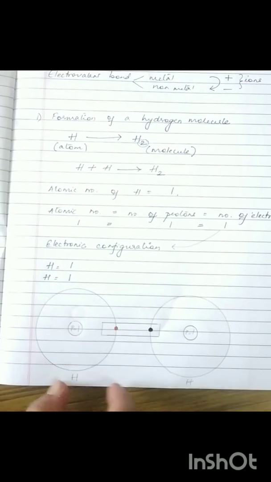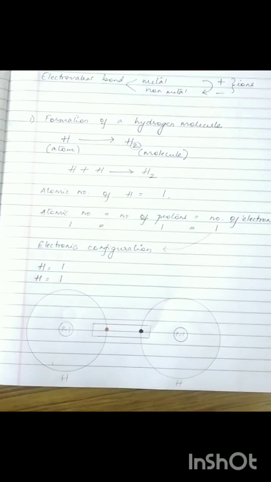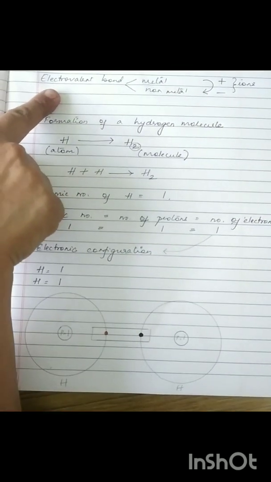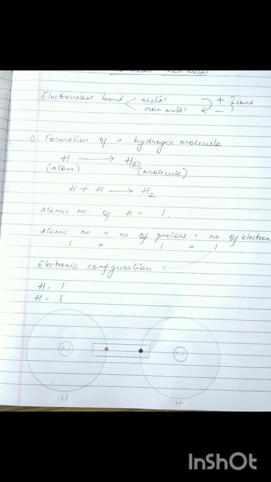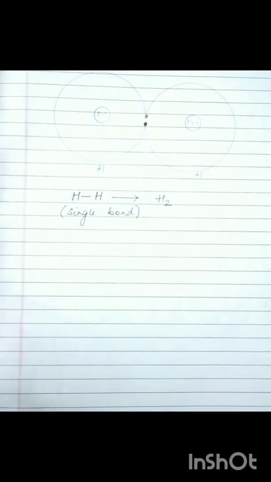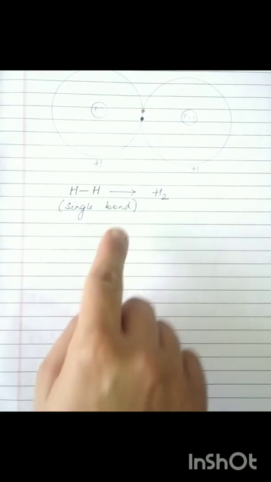Now we draw the 2 atoms of hydrogen. Since hydrogen is a non-metal, they do not form an electrovalent bond. I have told you a covalent bond is formed by 2 non-metals. So non-metal, non-metal. So no give and take, but they share electrons. So here we show the 2 atoms sharing electrons, hence forming a molecule of hydrogen.